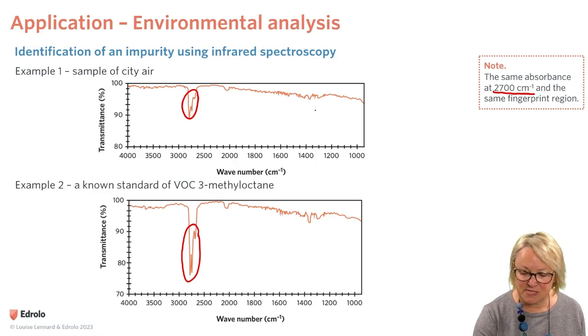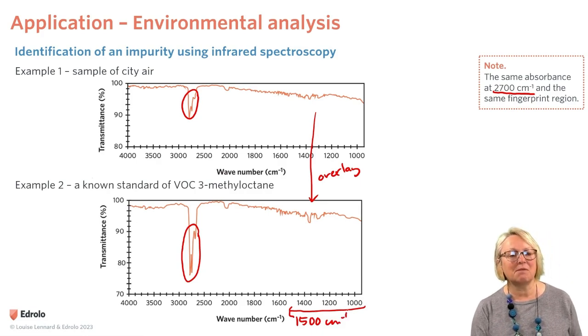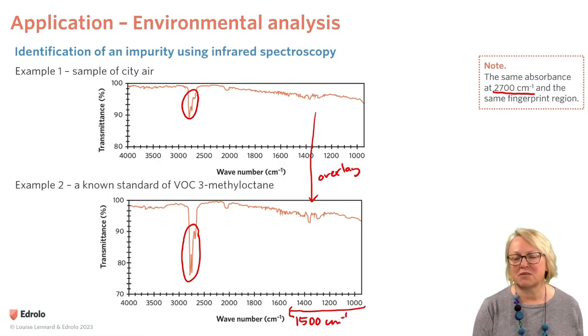And we have the same if we could overlay the fingerprint region up to 1,500 centimetre minus 1. We can see that that pattern is the same, so we could say that there's no impurity here. So a sample of city air matches the known standard of this particular volatile organic compound.